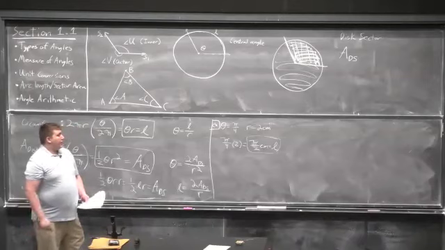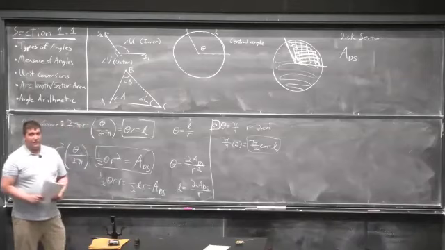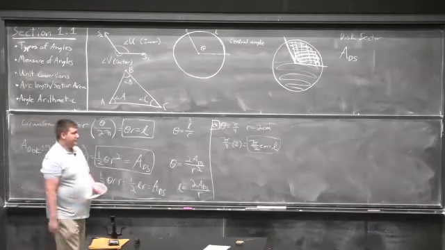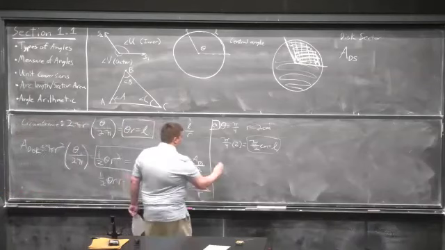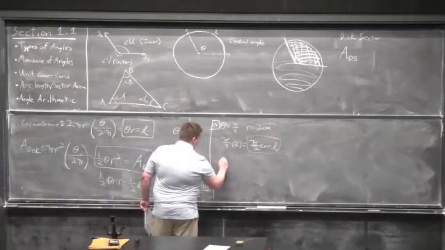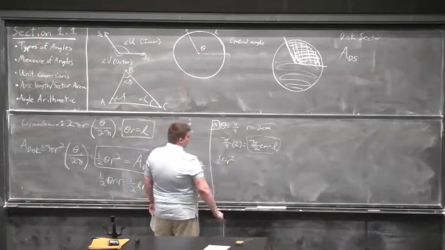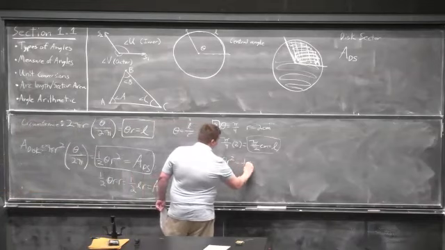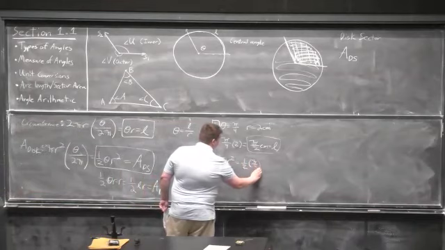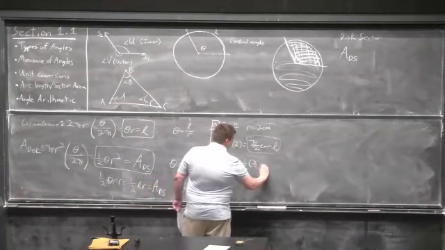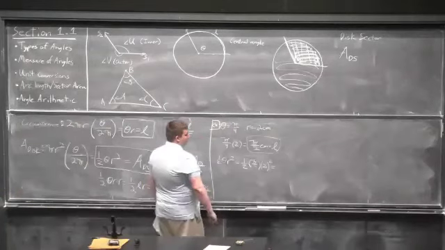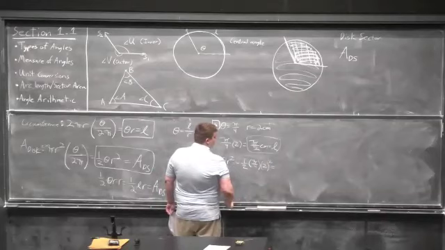What is the area of the disk? Well, we have 1/2 theta times r squared equals the area of a disk. So that's 1/2 times pi over 4 times 2 squared, which is 2 times 2 is 4.